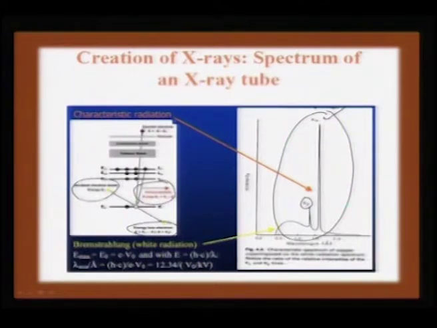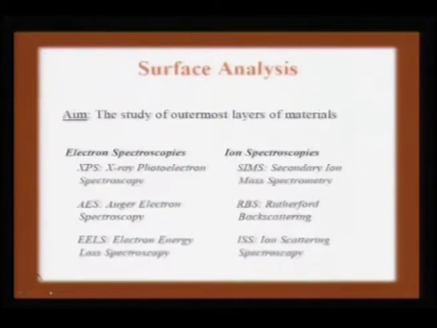So, we will now look at the process that involves generation of X-rays, which is typical of a material, and this has to do with the core shell electrons instead of the valence band electrons. Therefore, this is particularly called X-ray photoelectron spectroscopy.